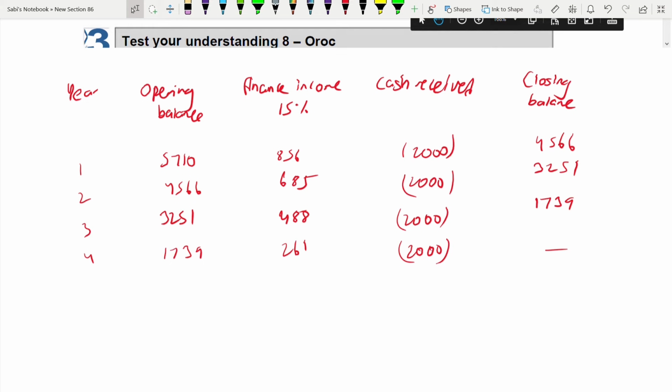So this goes under non-current assets. Okay, that is net investment in finance leases. How much?